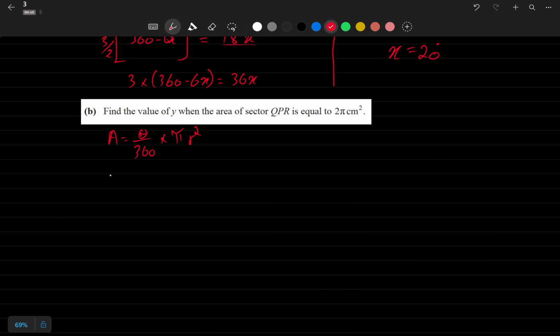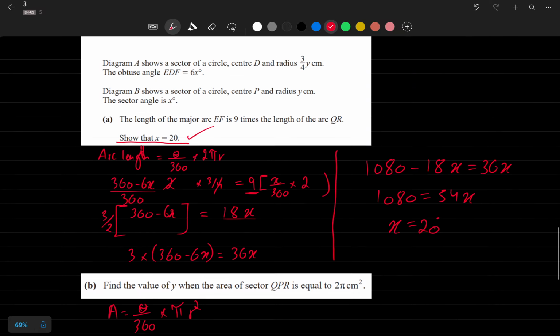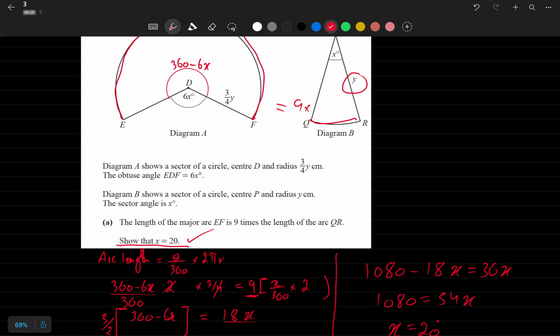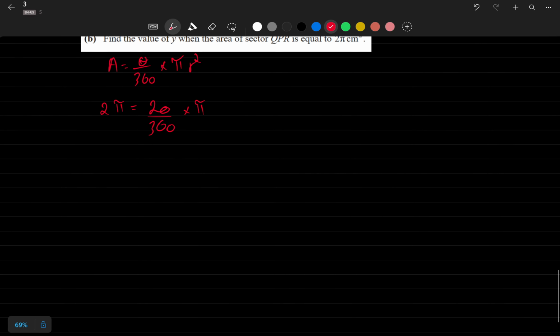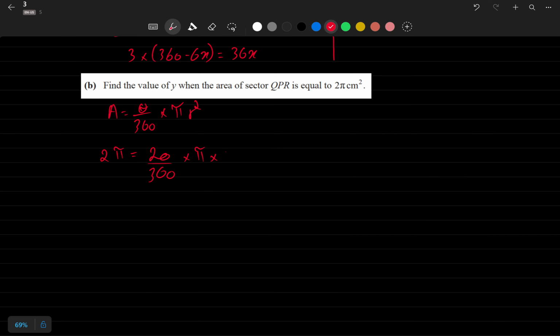So the area is given, which is 2 pi, theta is 20 by 360 into pi, and r is in terms of y, and y we have to find.